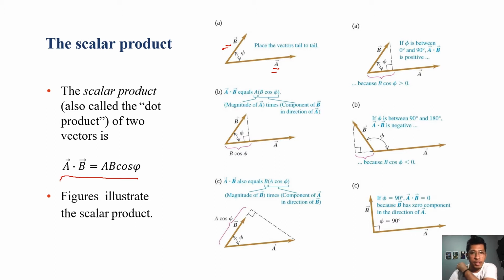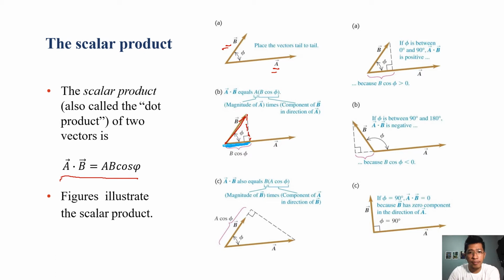Your A dot B, which is equal to AB cosine phi, happens to be that way because what the dot product does, for A dot B, is we project your vector B onto your vector A. So we have here the projection, and you know that the projection is just your B cosine phi, since this side here is adjacent to your angle phi.